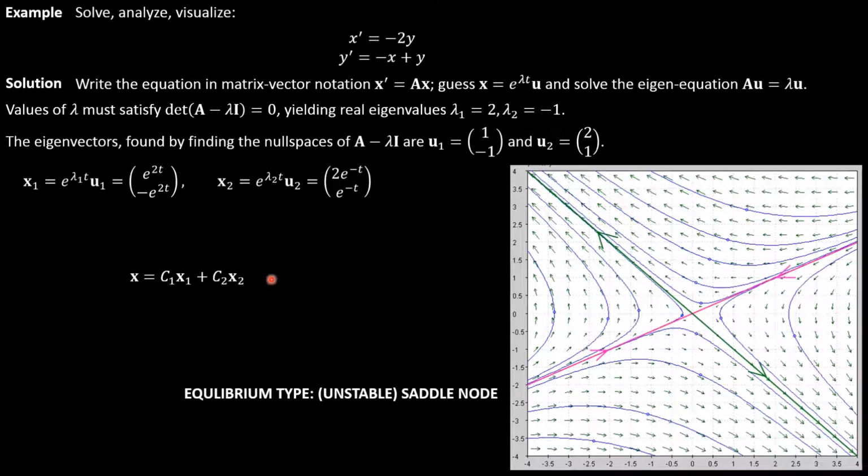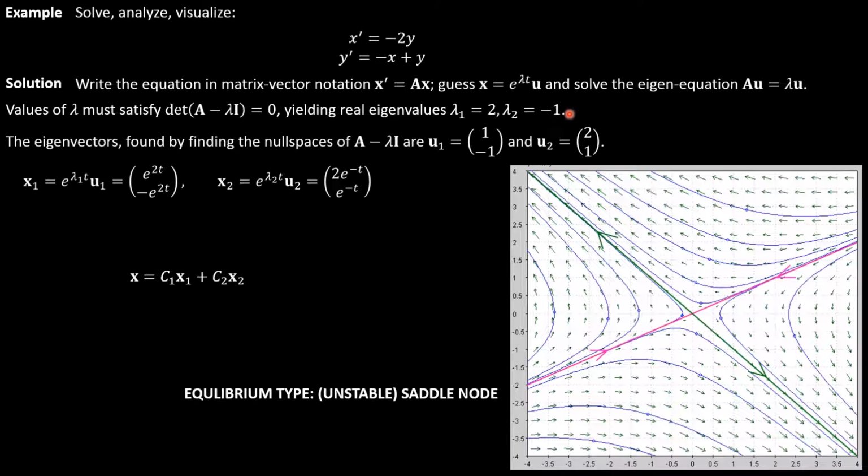Alright, this node is called a saddle node. And the reason I put unstable in parentheses is because all saddle nodes are unstable. A saddle node is characterized by a positive real eigenvalue and a negative real eigenvalue.